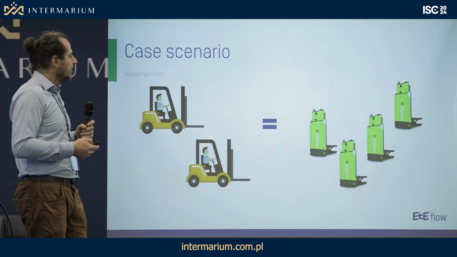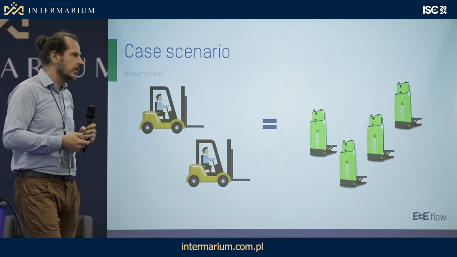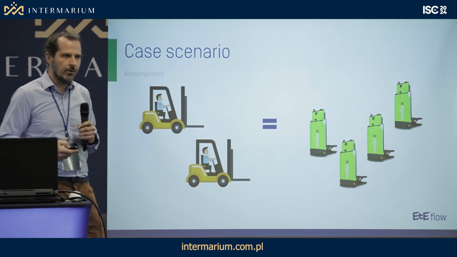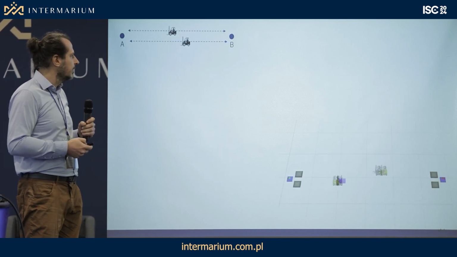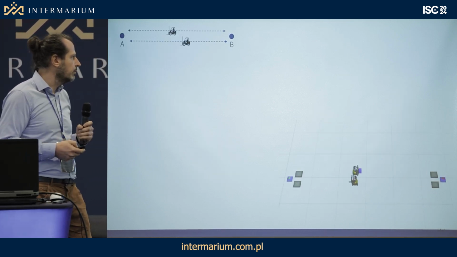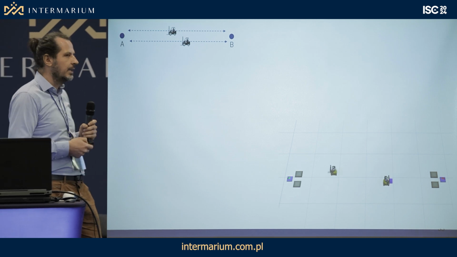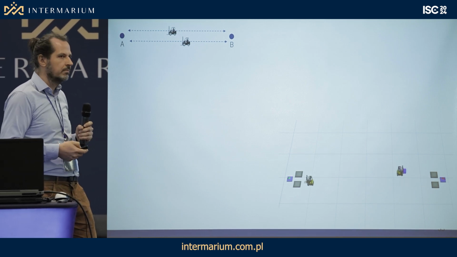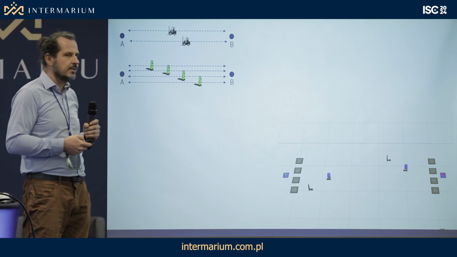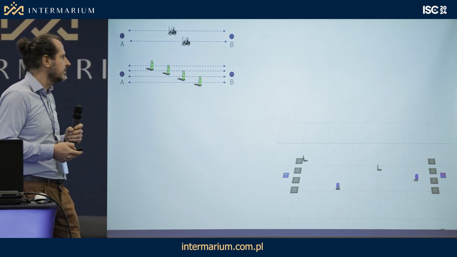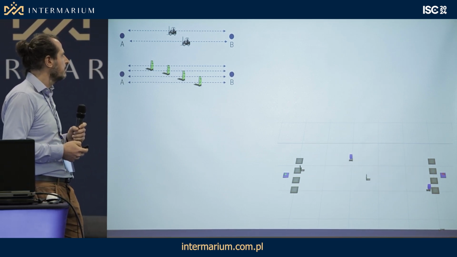So what we know, we have 2 forklifts, and they are equal to some number of mobile robots, maybe 4. And if those forklift drivers work from point A to B in this unstructured manner, the 4 mobile robots will do the same but slower. So we need more robots because they are just slower.